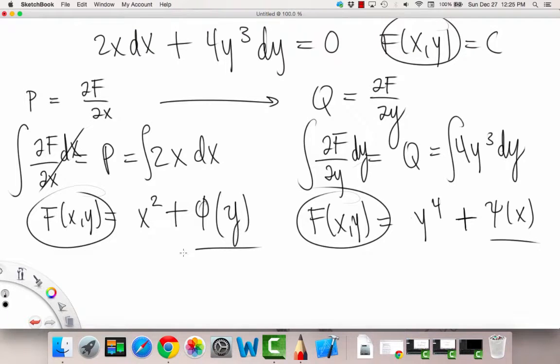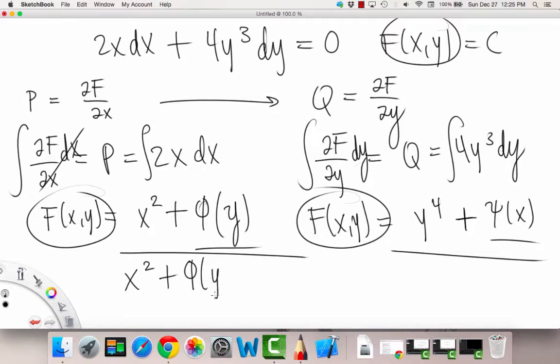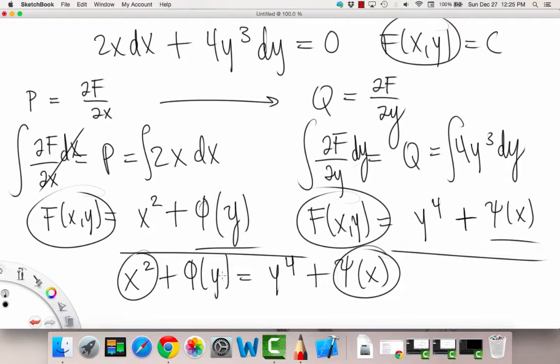So what we do now is set equal everything that we see on both right sides of our equations. This is going to be x squared plus phi of y is equal to y to the fourth plus psi of x, I believe, something like that. Once we have this, we can see that our single variable function of x should be x squared in order to equal the one on the left. So this should be equal to x squared, as this function should be equal to y to the fourth.